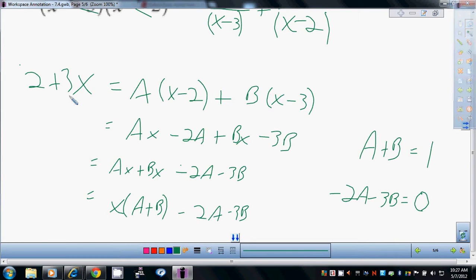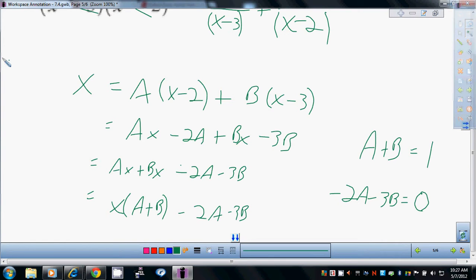I also know that everything without an x, just the number, has to equal whatever this would be. Now, if it had been this one, it would have been negative 2a minus 3b has to equal 2. But ours didn't have anything. It was just this, which is why we put 0. There was no number, so they have to equal out to 0. Here's our original. That's where that step comes from. You set it equal to the numerator. Essentially, this is just the numerator from where you started, and that's what it'll always be. And that's what you set this equal to and put the like terms together.